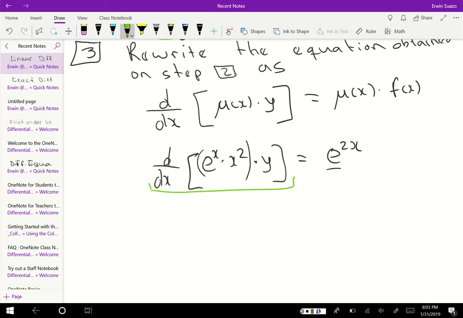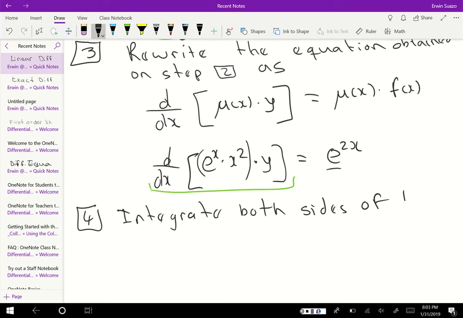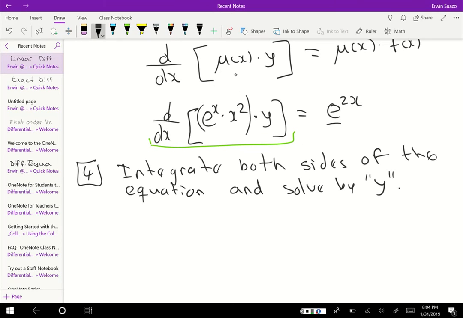So I'm gonna, first step, integrate both sides of the equation and solve for y. Okay, so that's what I'm gonna do. So I integrate both sides.